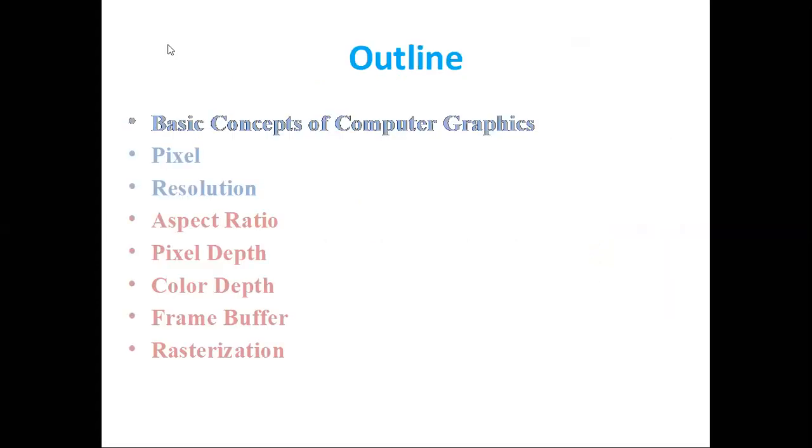The outline is: the basic concepts of computer graphics, then what is pixel, what is resolution, what is aspect ratio, then what is pixel depth, then what is color depth, then what is frame buffer, and what is rasterization.